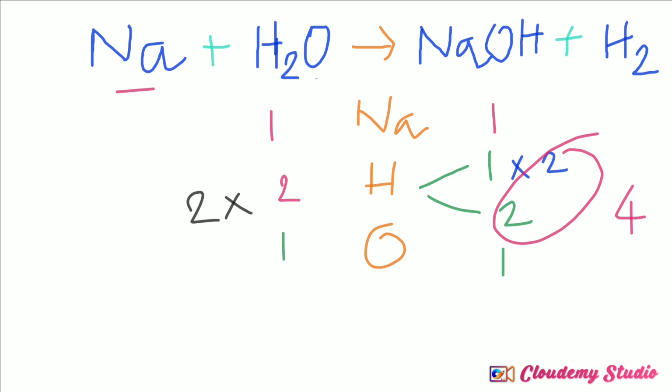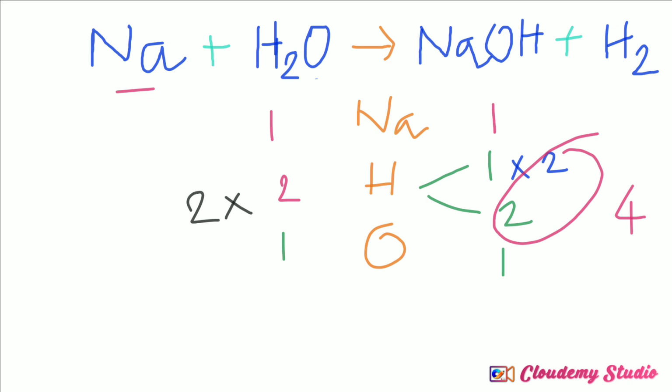And here I forgot to give the first point. While we are multiplying the right hand side hydrogen, we have multiplied by 2. When we are multiplying, that number we need to write as a coefficient for that particular atom.